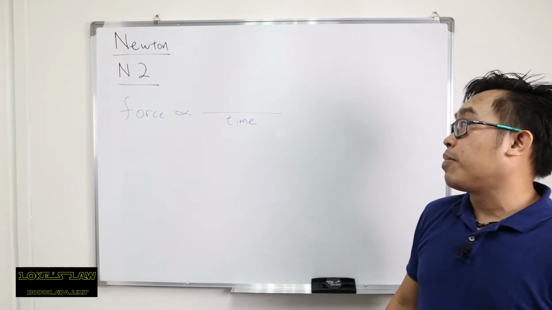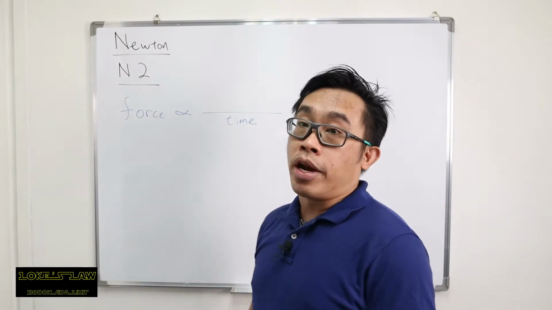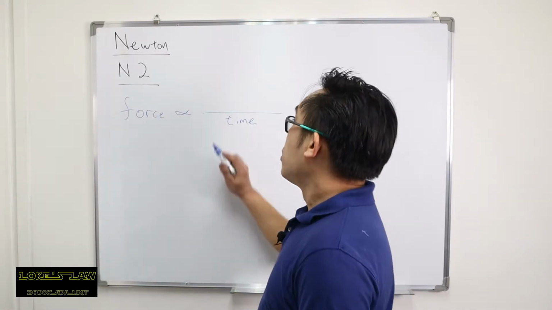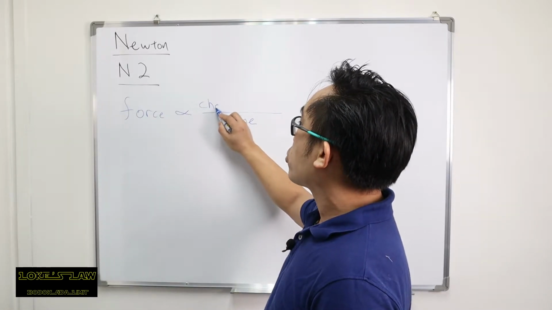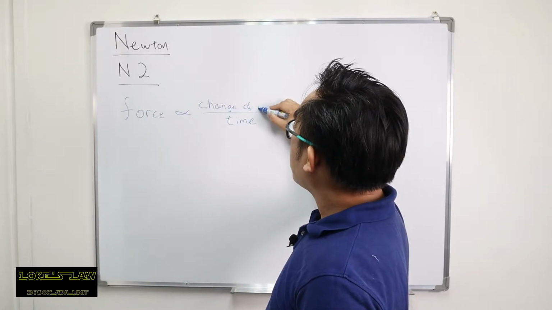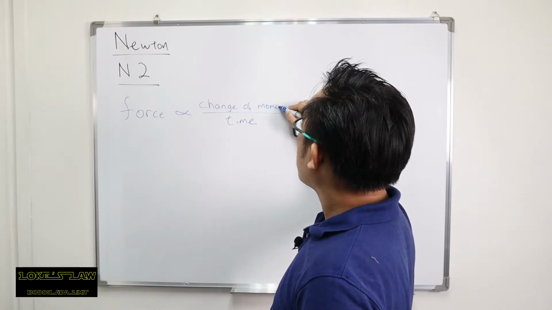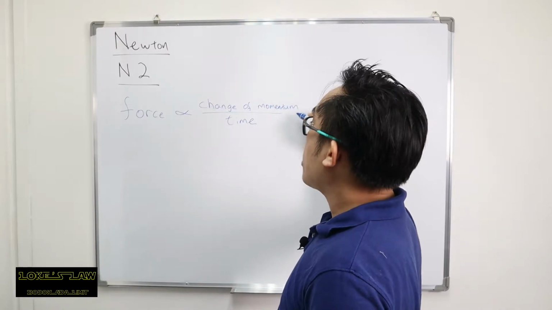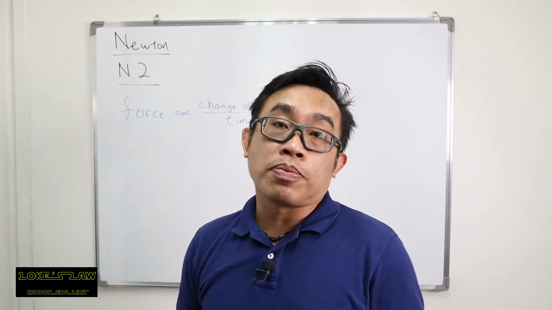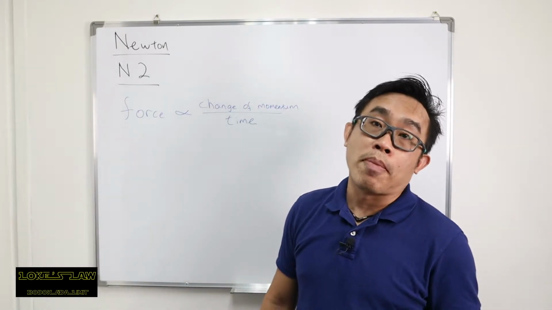That is called a rate. So the definition says rate of change of momentum, which means we put the change of momentum on top. Force is proportional to the rate of change of momentum.